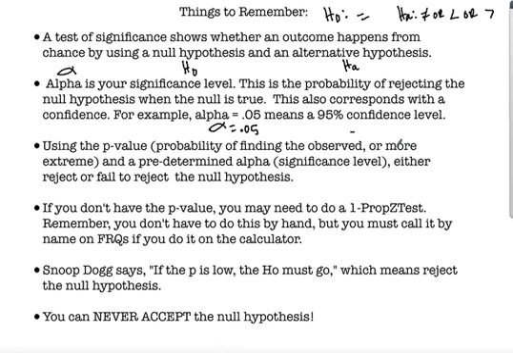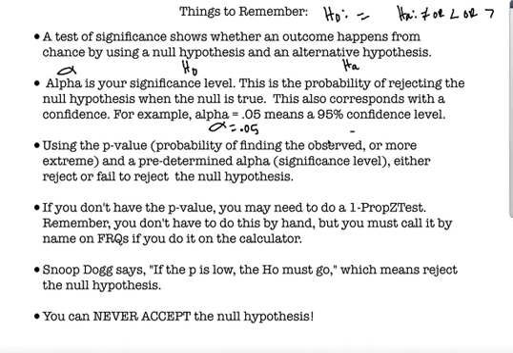Now, the whole thing about significance tests is you are trying to decide if you are going to reject or fail to reject the null hypothesis. And so one way that we talked about in class that's easy for you to remember which one you need to go with are some wise words from Snoop Dogg. So Snoop says, if the P is low, the hoe must go.